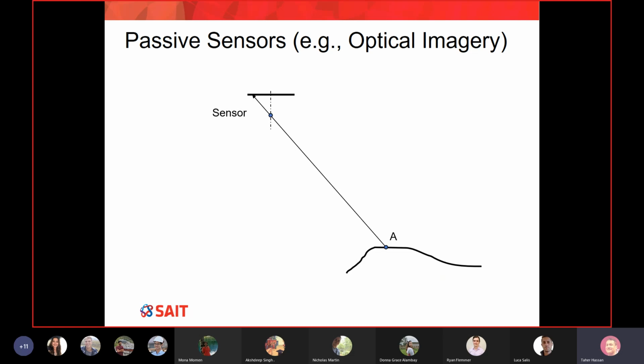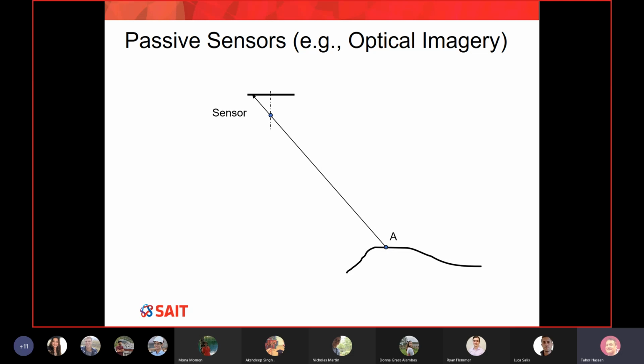Now let me ask you, which one is better, passive or active? Any thoughts? Which one is better, passive sensors or active sensors? Active. Oh, I can get why you're saying active, which I kind of agree. Active sensors are amazing because they don't wait for the sun. They can do the survey without the sun. They can do the survey even at night.